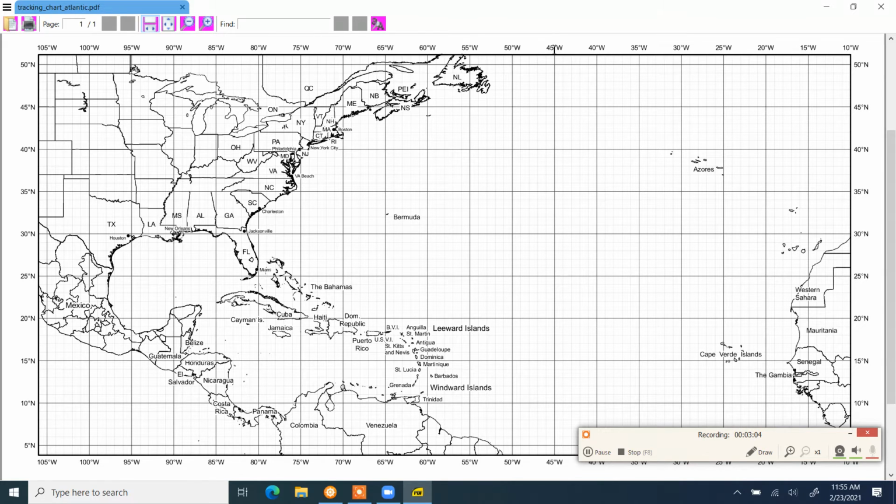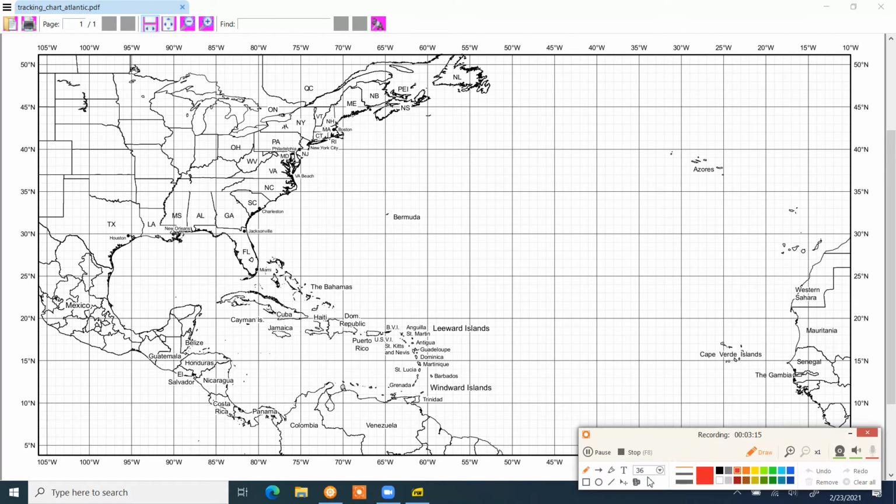So I'm going to go down on this one until I get to 25.3 north. Let me draw what that looks like. I'm starting here at 25.3 north, and I draw a straight line all the way across. Then I go to 45 west and draw one all the way down.